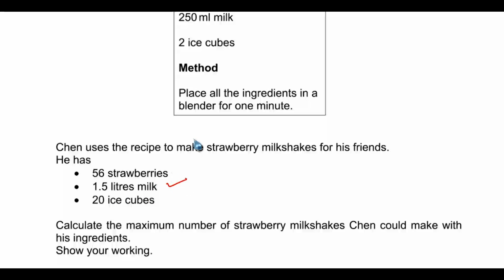We have 1.5 liters of milk, and what is the unit here? Milliliter. So 1.5 liters to milliliters will be 1500 milliliters. If you divide it by the one you have here, which is 250, that means this will give us 6.